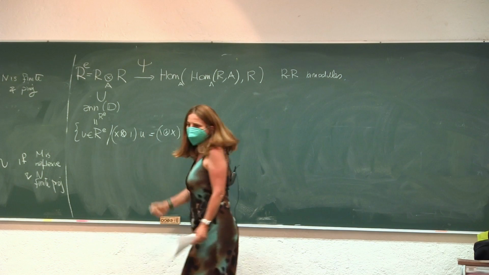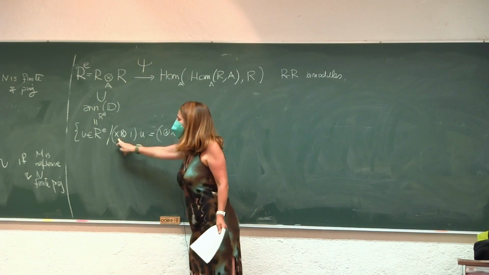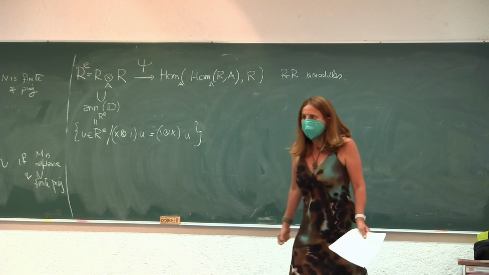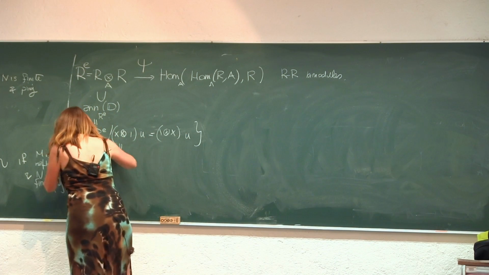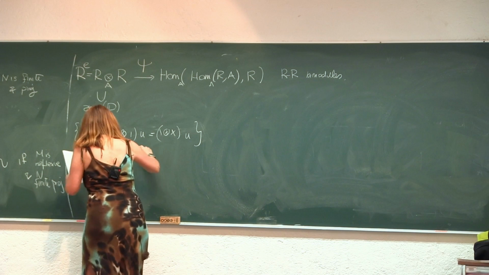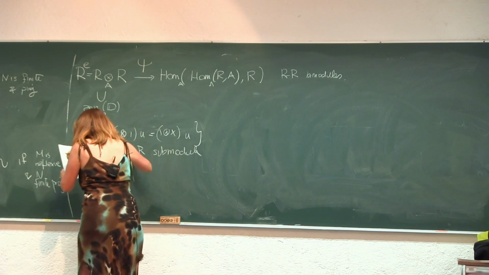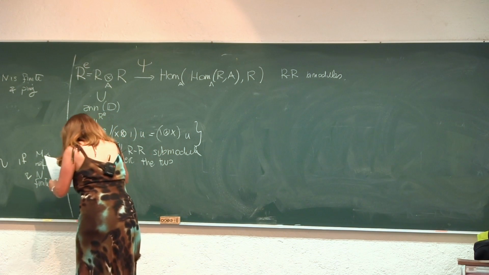So this is exactly the guys that makes multiplication commuting. Did I write the same thing? Yeah, that's correct. So this is the largest submodule where the two R module structures coincide. Multiplication on the first is equal to multiplication on the second.